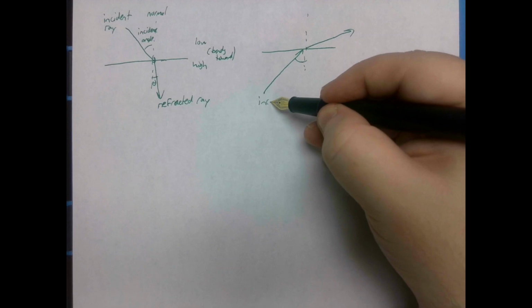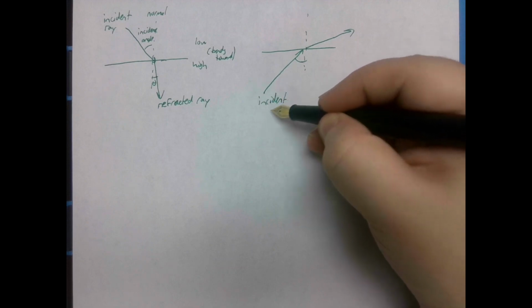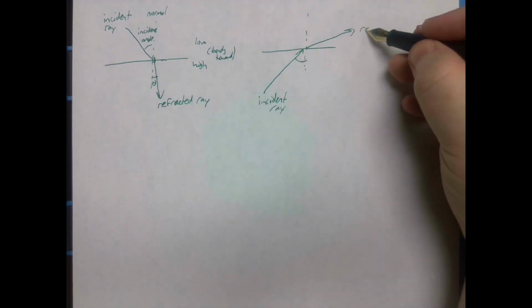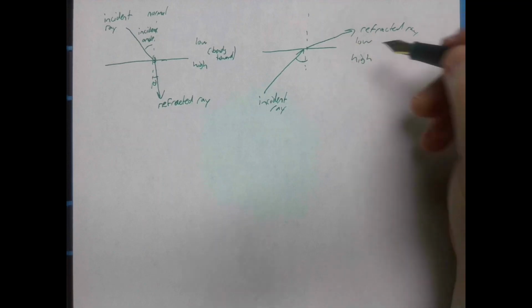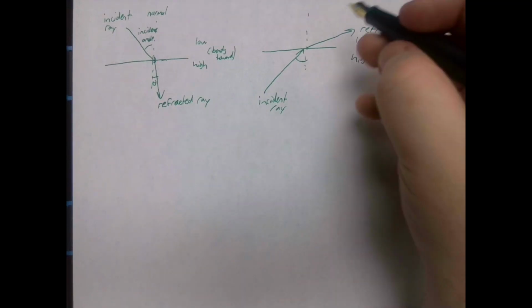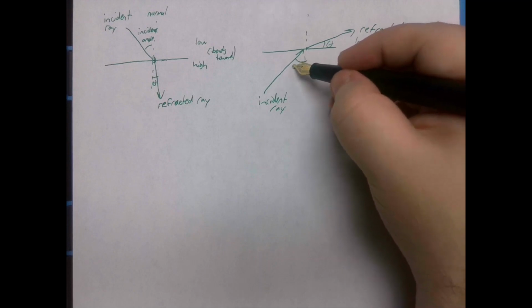So incident ray, refracted ray, going from high to low. It bends away.